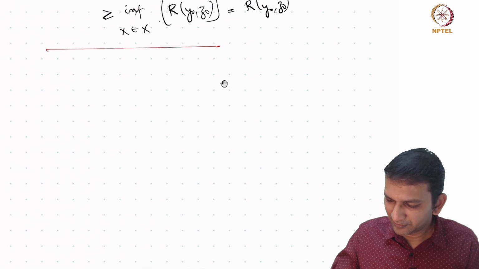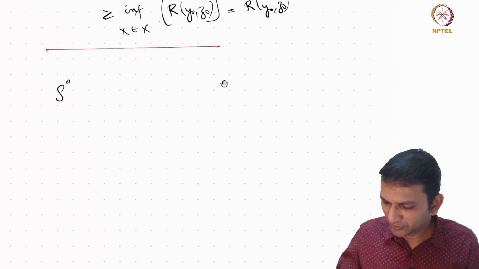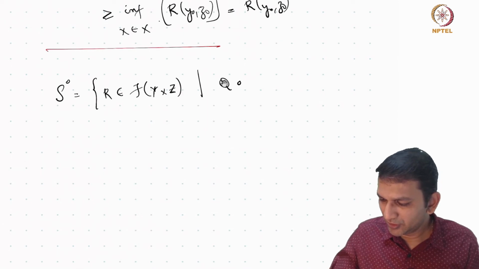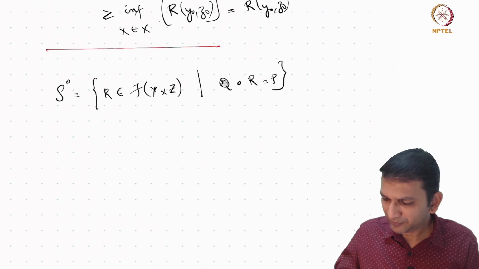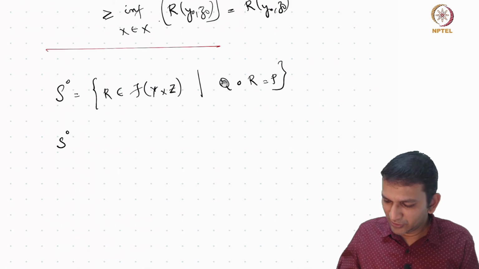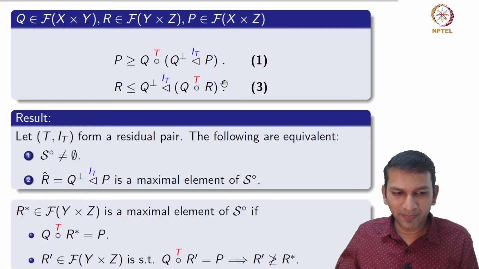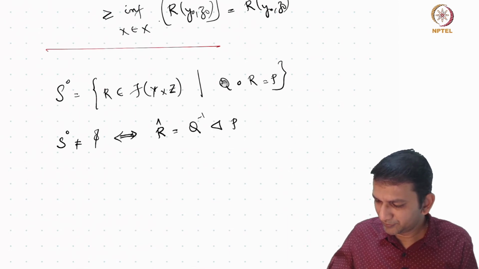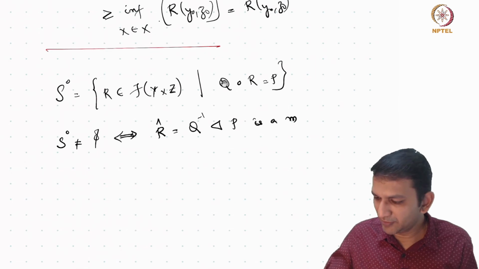We have S0, which is the set of all R from F of Y cross Z such that Q circle R is equal to P. Now the result says that S0 is not equal to empty set if and only if R cap, given like this, is maximal in S0.